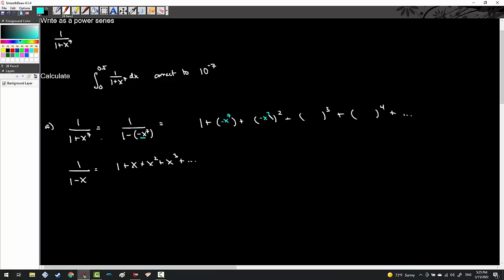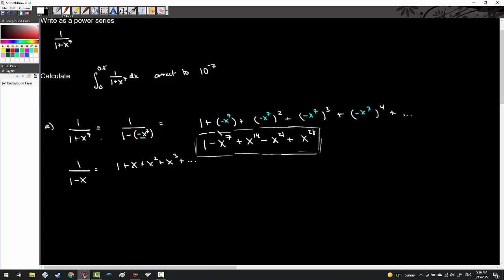When I simplify, it's going to be 1 minus x to the 7th plus x to the 14th minus x to the 21 plus x to the 28. So nothing really too crazy going on right there. This is my expanded power series, and then we're good.